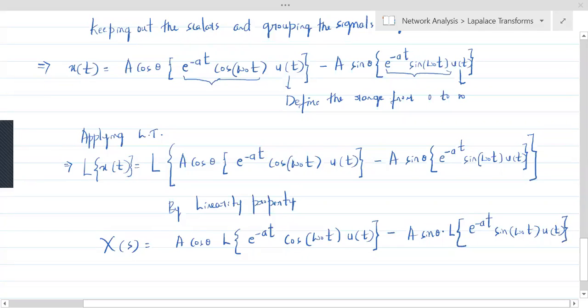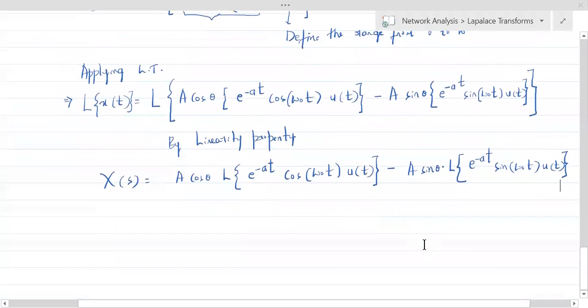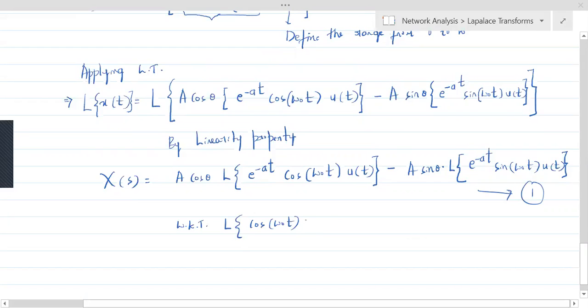Fine. See here, by standard transforms, call this as equation number 1. We know that Laplace transform of cos omega naught t u of t is the Laplace transform of cos omega naught t only. So let's not confuse with that extra u of t which is there. What is this?